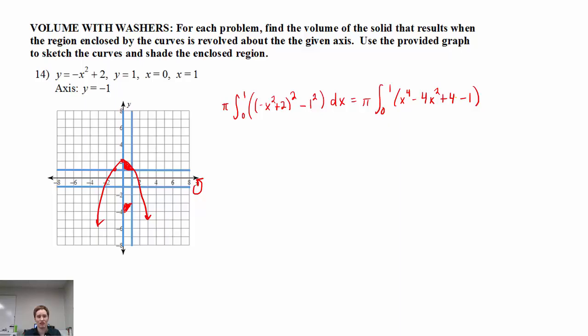Oh wait, I didn't add the axis. So let's pretend that didn't happen, and let's go back and add it in. Because this was -1, I need to add 1 to this and put 3, and I need to add 1 to this, which is 2.